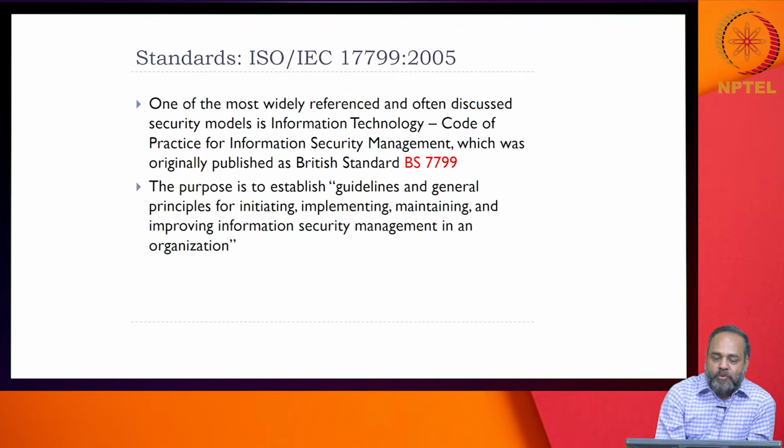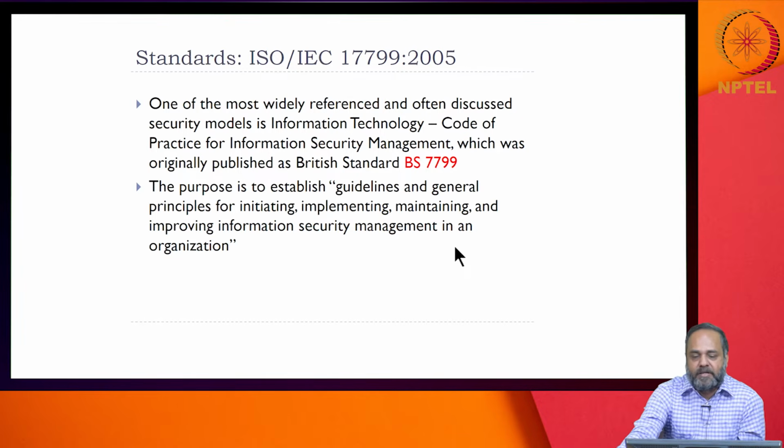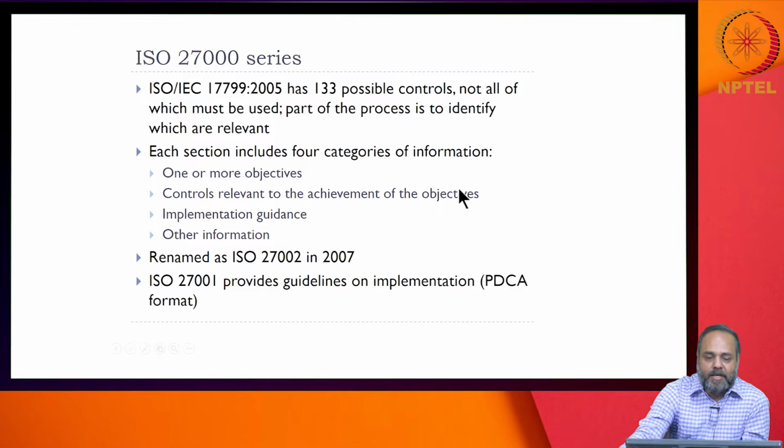I will show you different variants or different types of ISO standards specifically for cyber security management. So the BS standard is the fundamental standard where the ISO standard originated for cyber security.